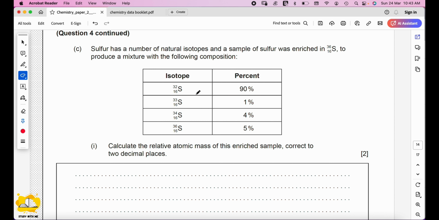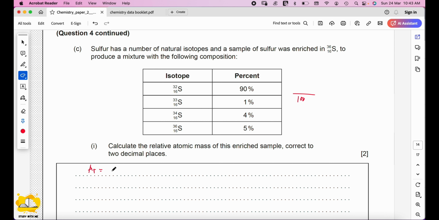Sulfur has a number of natural isotopes, and the sample of sulfur was enriched in 36S to produce a mixture with the following composition. So calculate the relative atomic mass of this enriched sample correct to 2 decimal places. Usually you guys will divide by 100, so I would just make it easier for you instead of dividing and multiplying, for example, 90 times 32 plus 1 times 33 and so on, and then divide by 100.